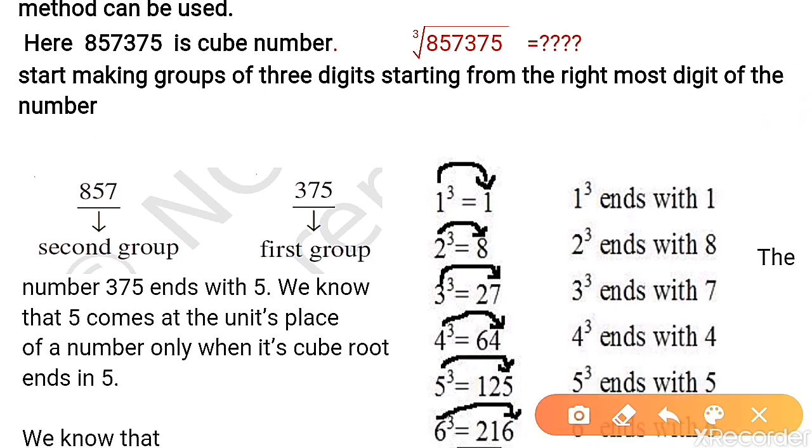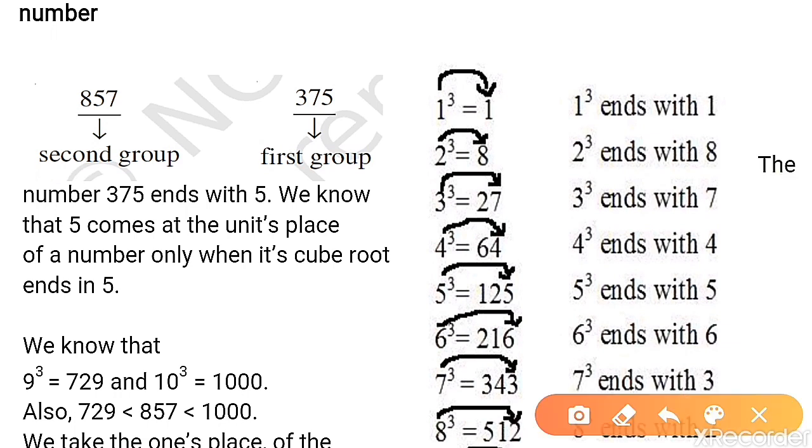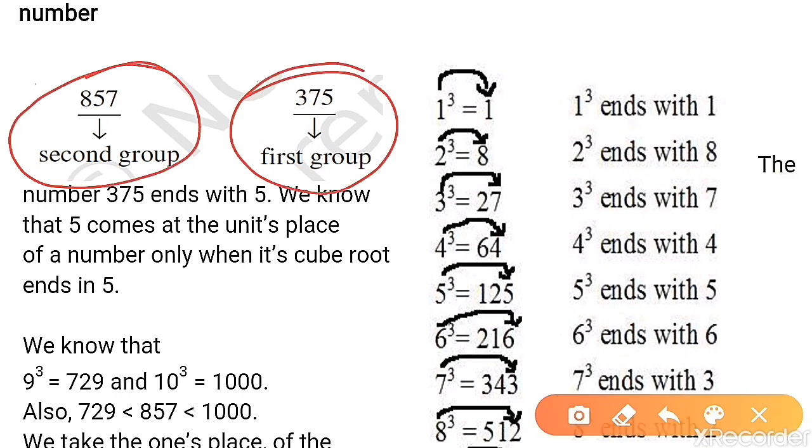First, we will make groups of 3 digits starting from the right. The last 3 digits are 375, and the next 3 digits are 857. So we get two groups: the first group is 375 and the second group is 857.